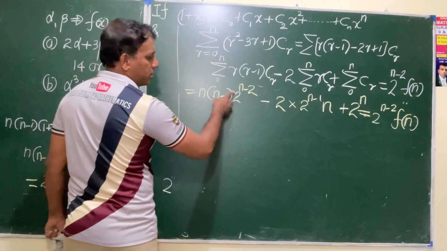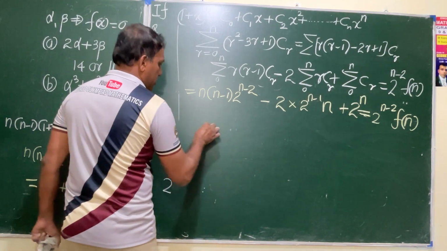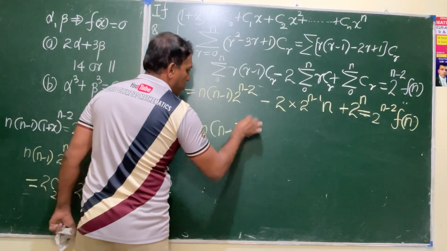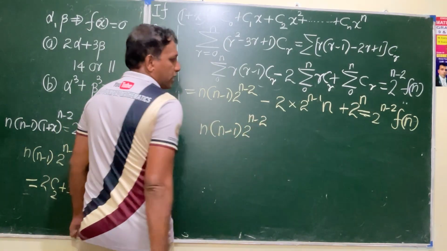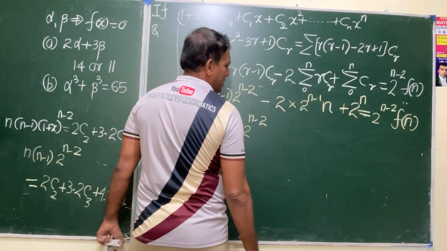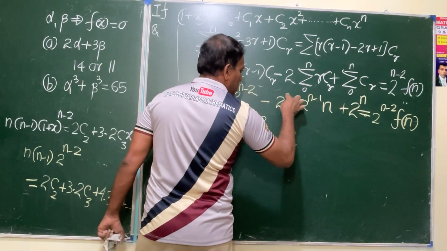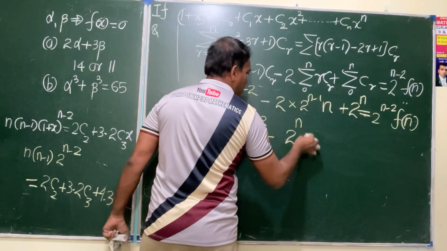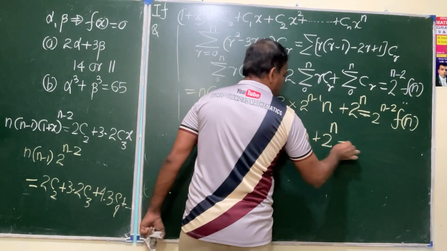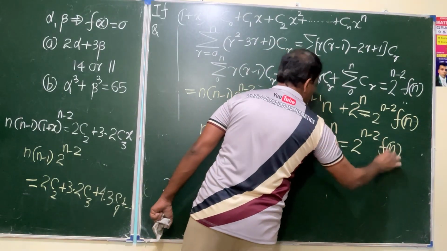Here take n into n minus 1, 2 to the power n minus 2, can divide by 2 to the power n minus 2 also. Otherwise, can I take some common part here? Yes, minus, bases equal at the power, so that is 1 to n, plus 2 to the power n, the other side 2 to the power n minus 2 f of n, long work.